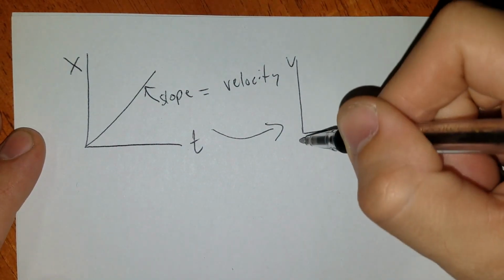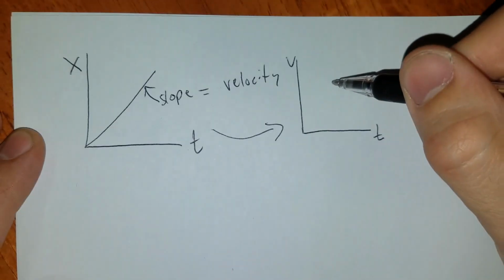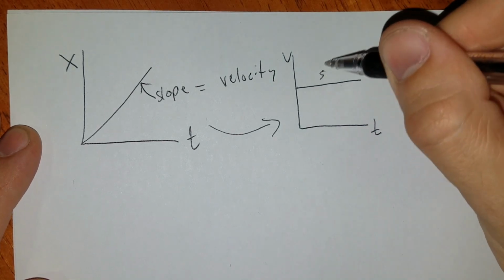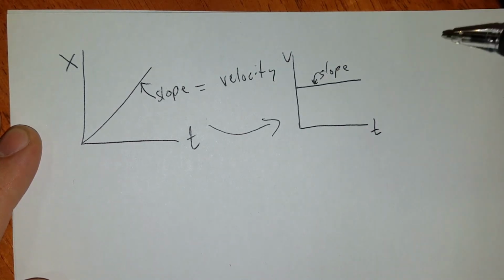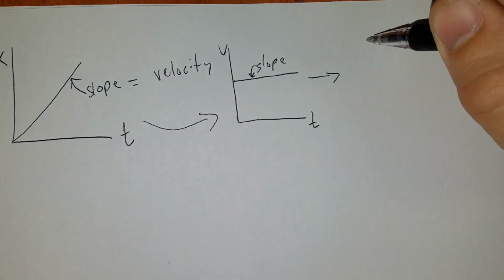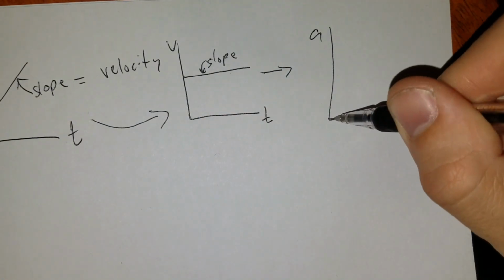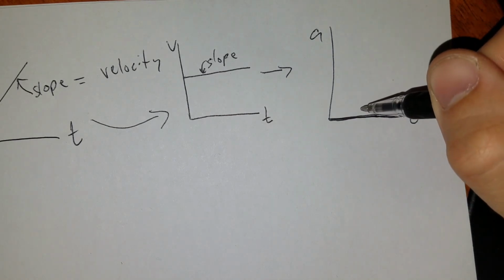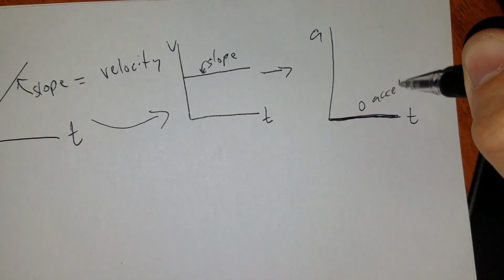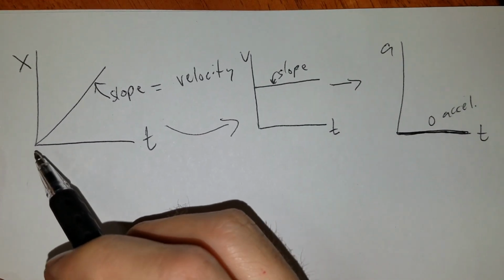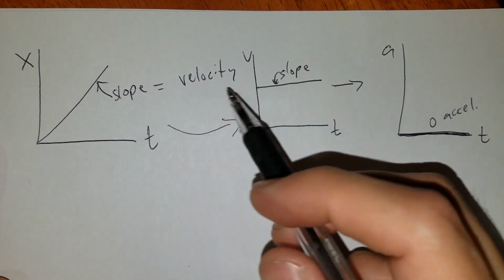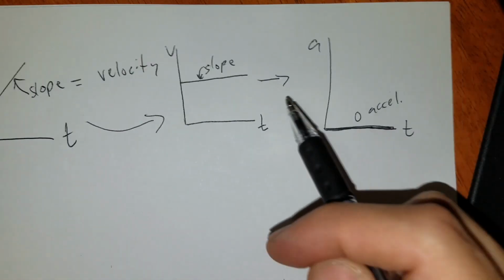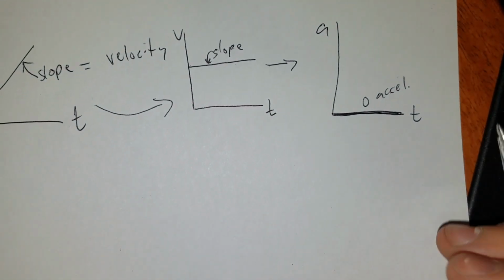And then we say for this velocity time graph, the slope gives acceleration, and we can have an acceleration time graph. In this case, it would be on the x-axis because it's 0 acceleration. So we have this step 1, step 2, step 3 type of situation where we go from position time to velocity time to acceleration time.